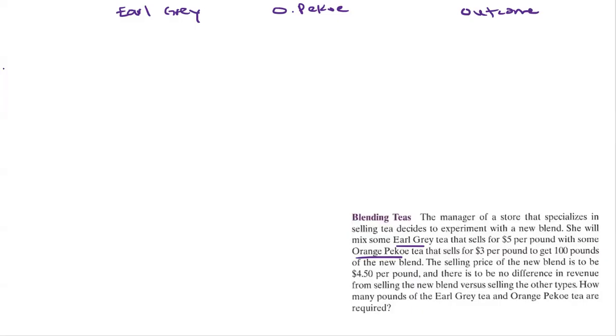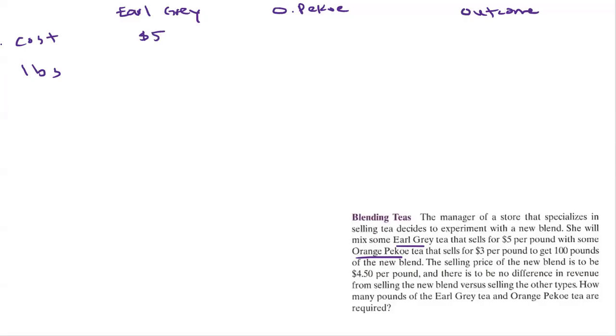Now there are items we need to figure out here. So we need to find out the costs. And then the pounds. Okay, so let's look at the costs. How much are they wanting to sell the Earl Grey for? What does it say? $5. Good, right? So Earl Grey is $5.